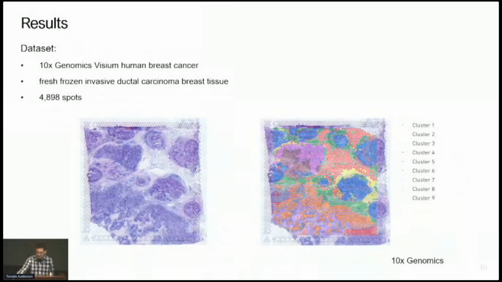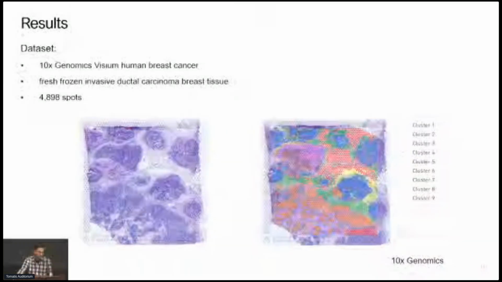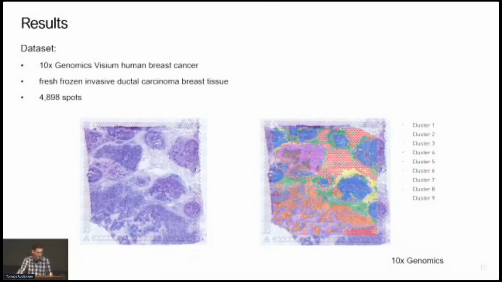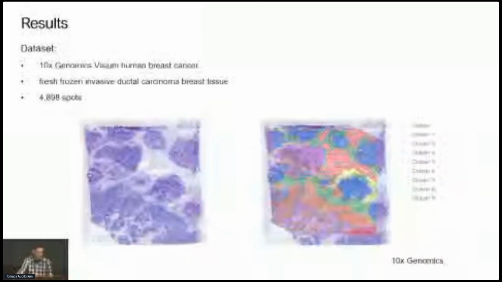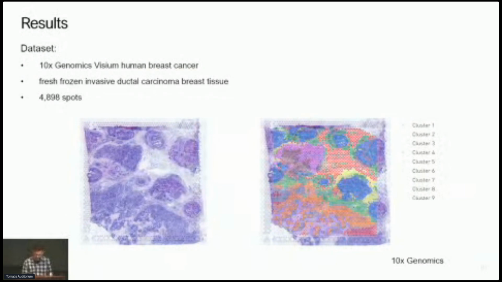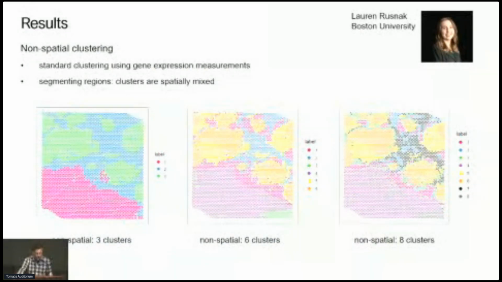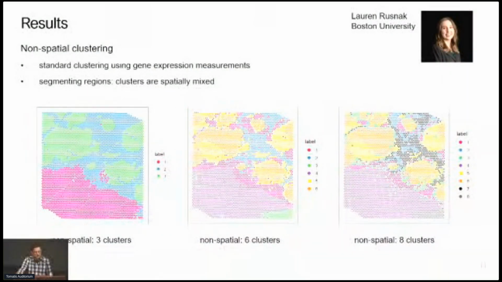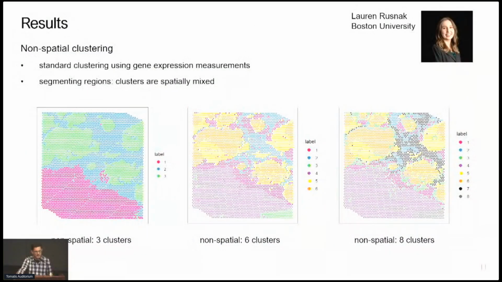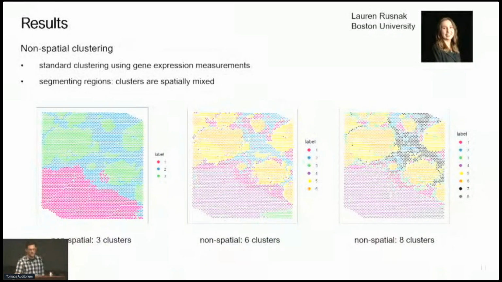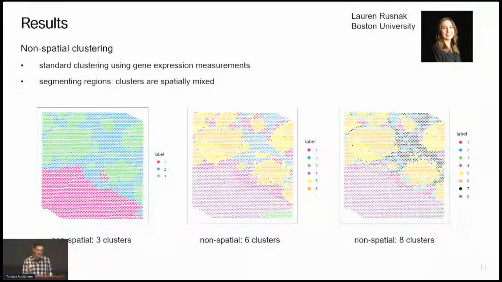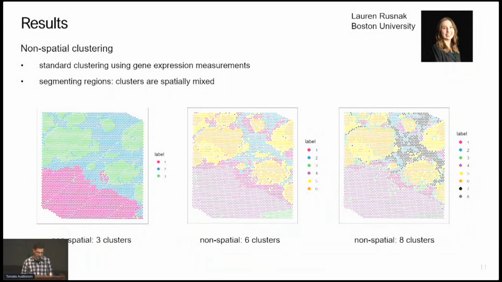Now we've run this on several different data sets. Here, this is the human breast cancer data set with Visium from 10x Genomics. If we do standard clustering using just the gene expression measurements, we get these mixed regions with different cell type clusters, but with mixed cells per spot.